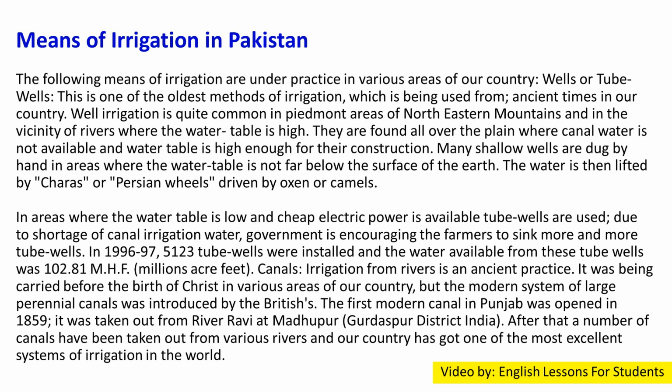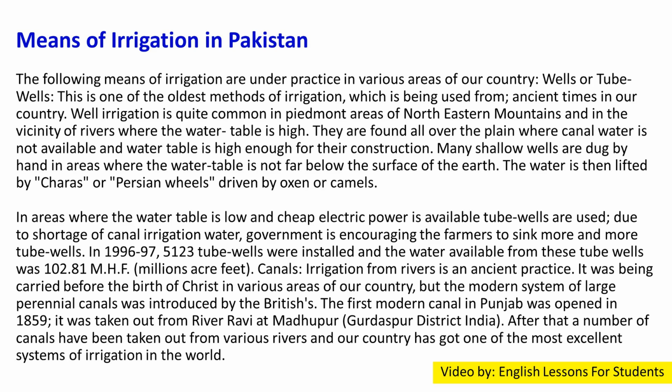They are found all over the plain where canal water is not available and the water table is high enough for their construction. Many shallow wells are dug by hand in areas where the water table is not far below the surface of the earth. The water is then lifted by charsa or Persian wheels driven by oxen or camels.